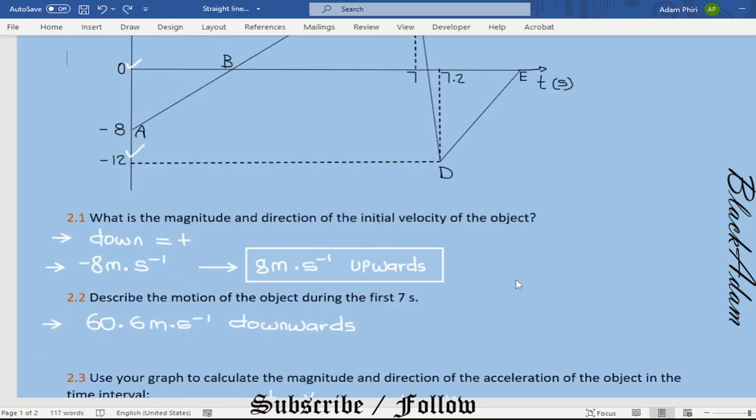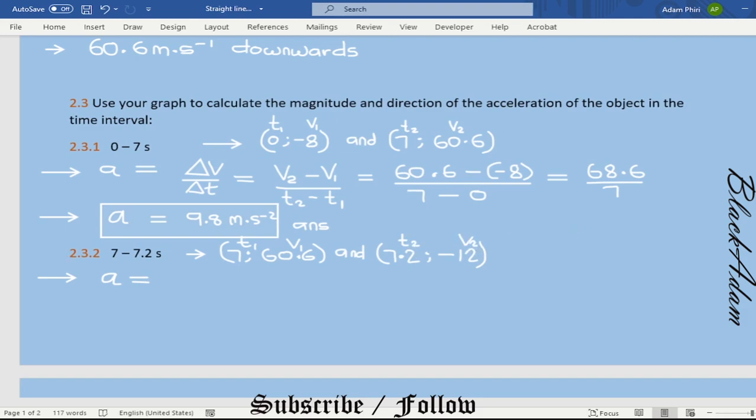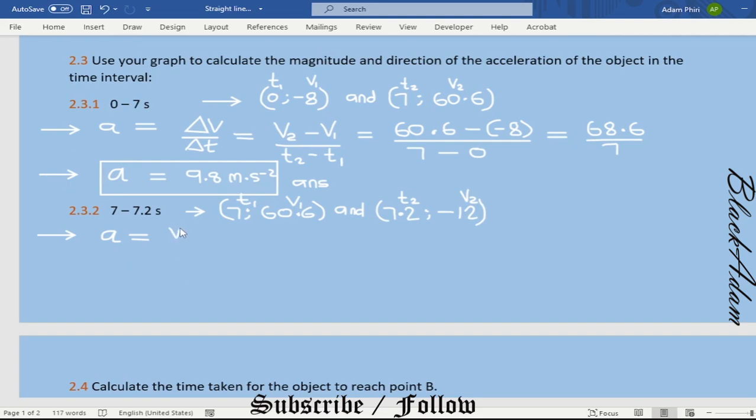So that's T1, V1 and T2, V2. Once again, we use the change in velocity, V2 minus V1, over the change in time, T2 minus T1.